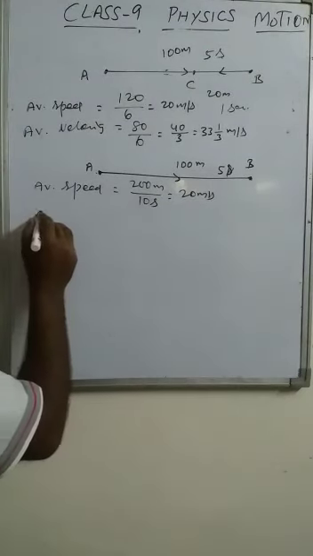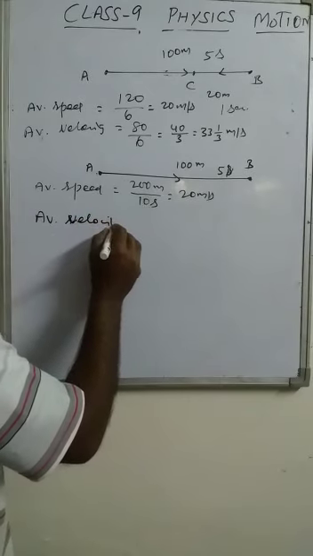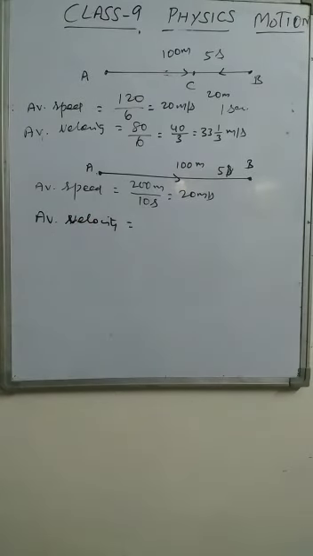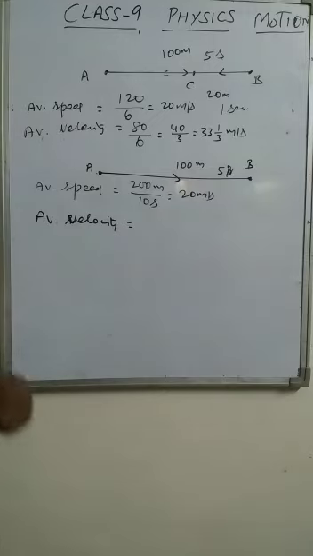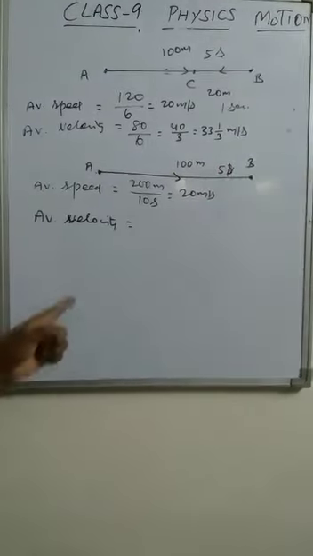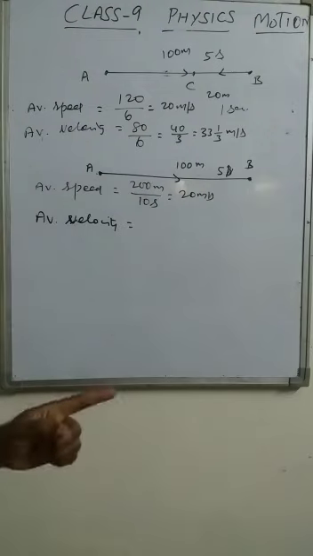Then coming for the average velocity. You see, average velocity is total displacement upon total time. Here, if you want to find out the displacement, the object starts from the point A to B, then again comes back to point A. That means the initial and the final point are same.